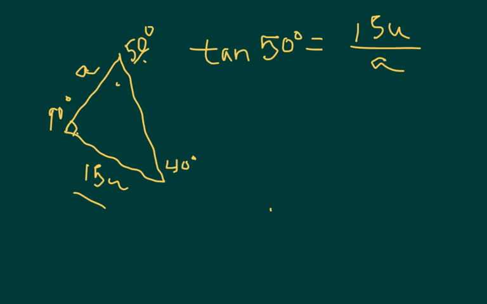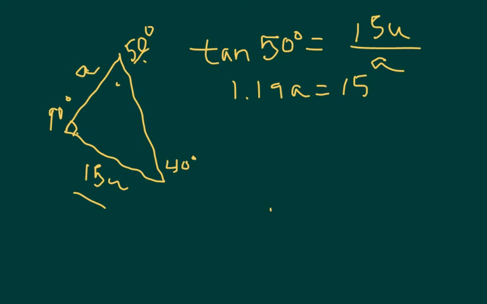I think you have to hit the scroll over to the right button 4 times. You won't see tangent at first, but it'll soon appear on there. So you enter tangent of 50 degrees, and you're going to see the value for that is 1.19. So 1.19 times A, when I do cross products, would equal 15.